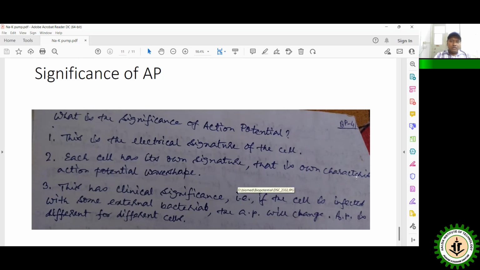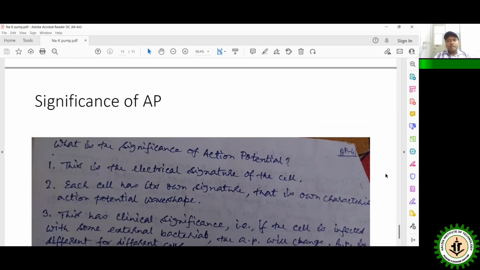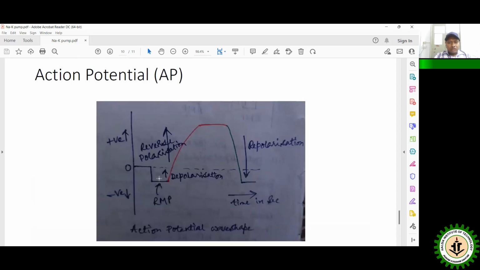The third one is that this has clinical significance, obviously. If the cell is infected with some external bacteria, the resting membrane potential will not be the same. Either it will be higher than 90 millivolt or less than 90 millivolt, and the RMP will not start from minus 90 millivolt.